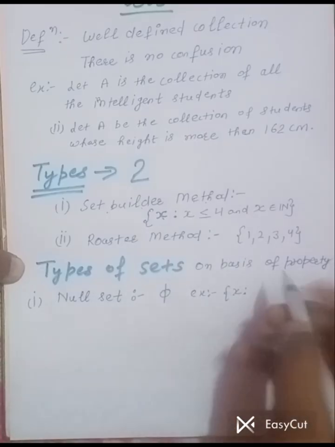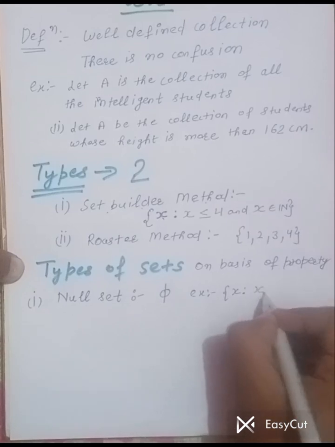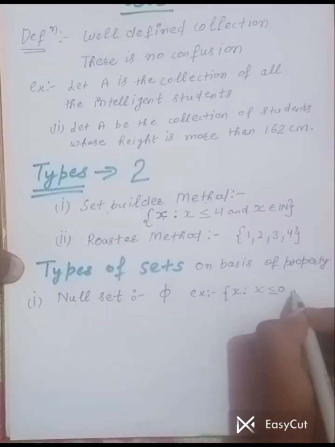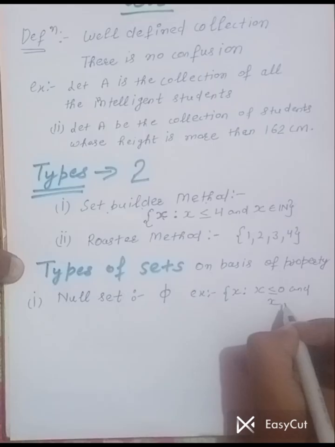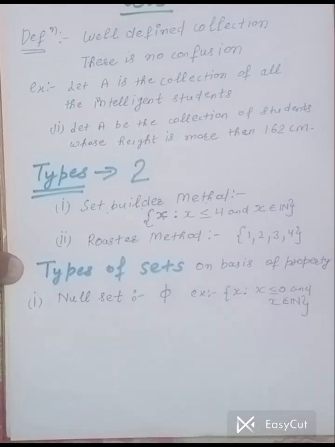It has elements x such that x is less than or equal to 0 and x belongs to natural numbers. Tell me if there is any natural number which is less than or equal to 0. We all know natural numbers start from 1 and go on as 1, 2, 3, 4, 5 and so on. But there is no element which is less than or equal to 0. So it is an empty set.